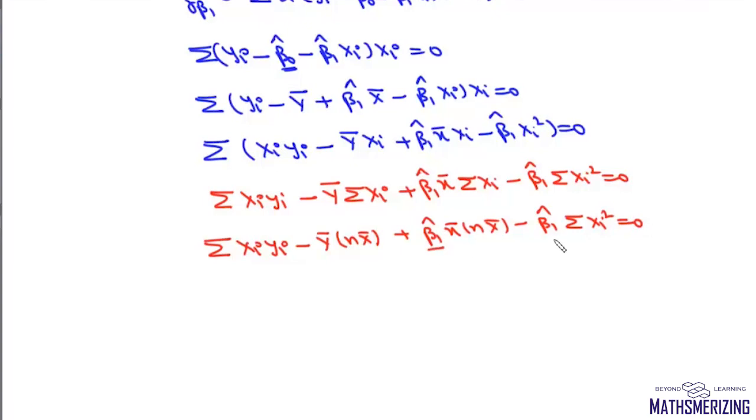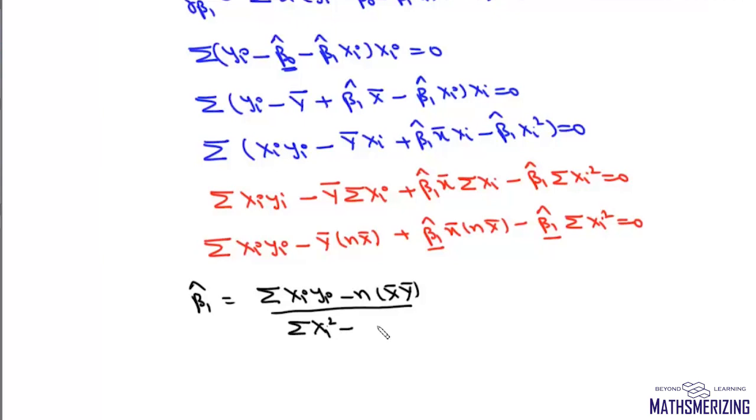Now from this we can write beta 1 cap. So this beta 1 cap will be this summation xi yi minus n x bar y bar upon summation xi square minus n into x bar square.